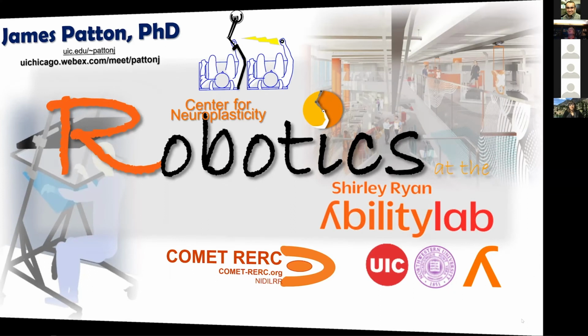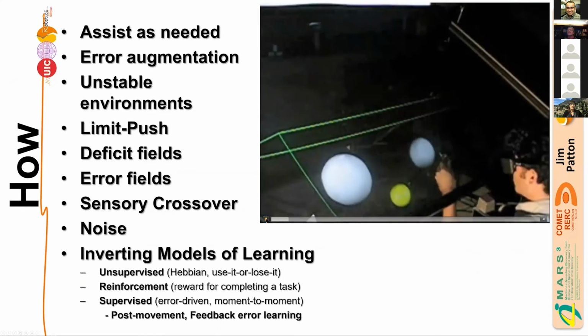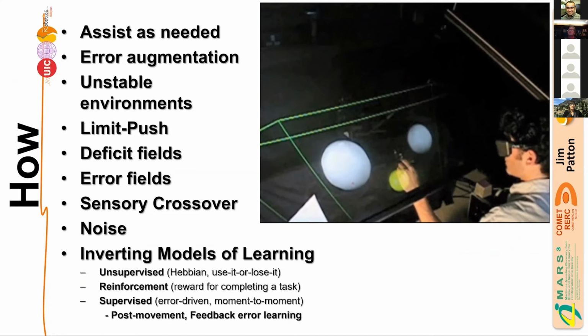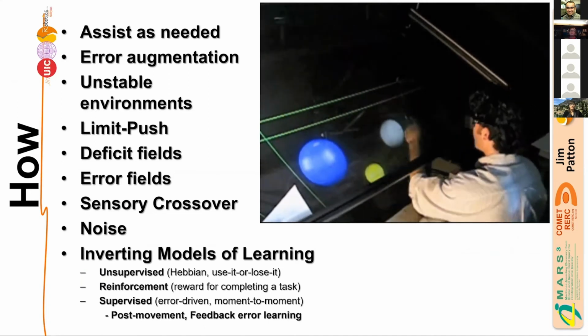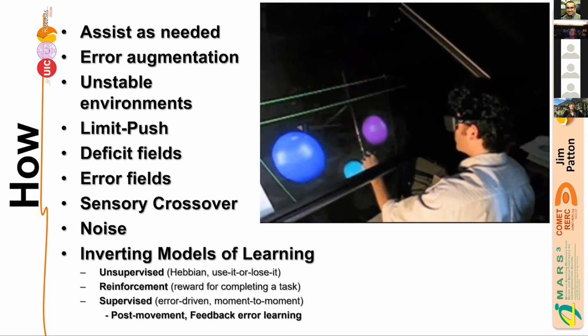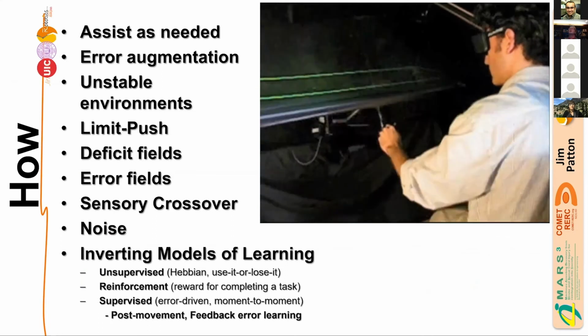Okay, so this may be a simple example of what we can do, but the real question is what and how we accomplish things. A lot of times it's very open-ended. We have a robotic device that this person is holding on to, and this is a virtual reality device called Paris that was developed here at UIC in the virtual reality group.